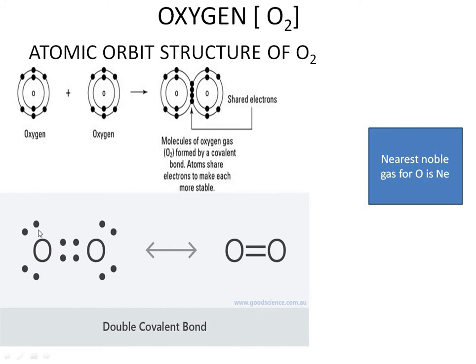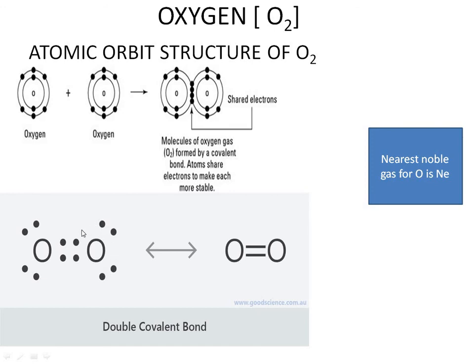So why do we call this a lone pair, L-O-N-E, lone pair? This is a bond pair. What's the difference? Even for nitrogen, I said each nitrogen atom has 1 electron pair, and the nitrogen molecule has 2 electron pairs. But for oxygen, see, these 2 electrons belong to this oxygen, and the other 2 electrons here. So totally here 4 electrons, or 2 pairs of electrons, and here also 4 electrons, 2 pairs of electrons.